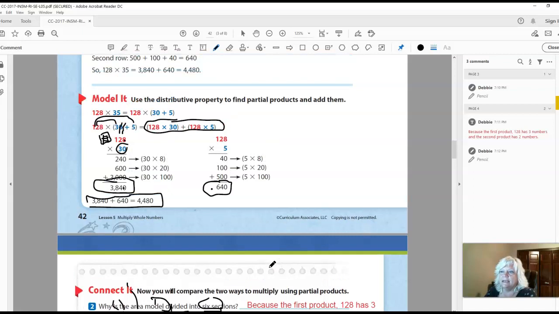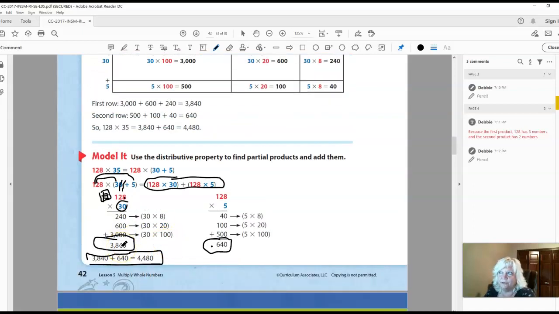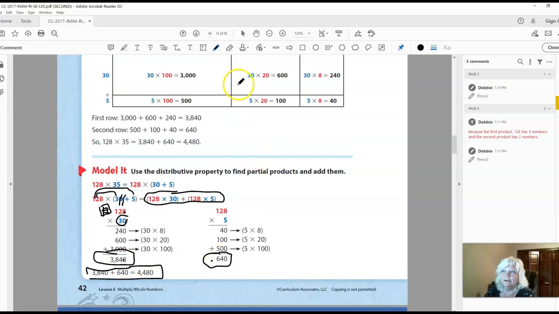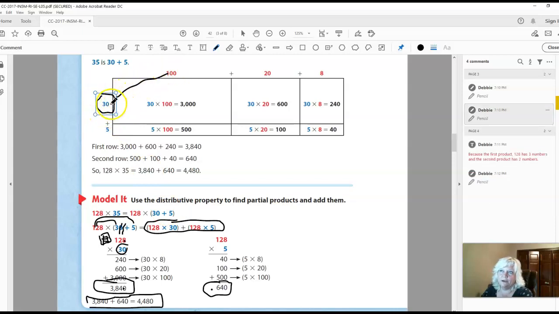So what they're saying is, how does this 3840 compare up here? What we did up here was we took 30 and multiplied it by 100, then by 20, and then by 8. And we did the exact same thing down here.